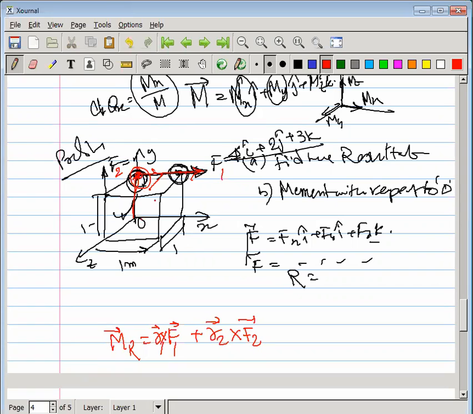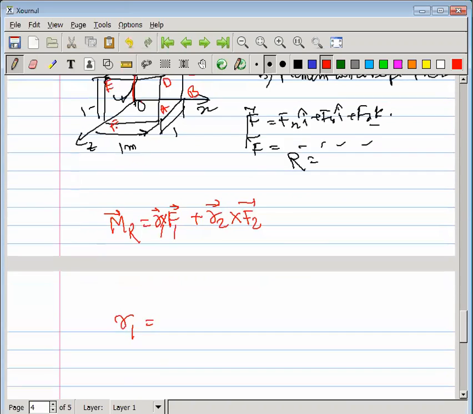If you label the points as B, C, D, E, F, G, it is nothing but R of G minus R of O.